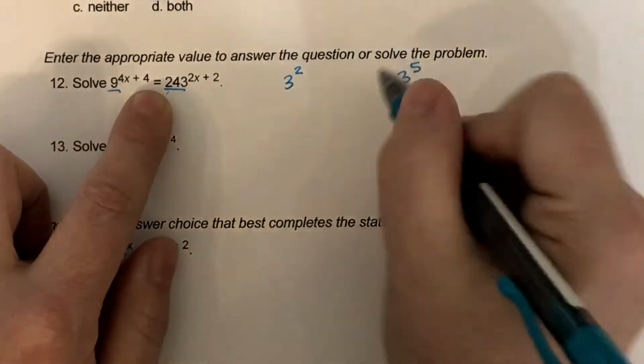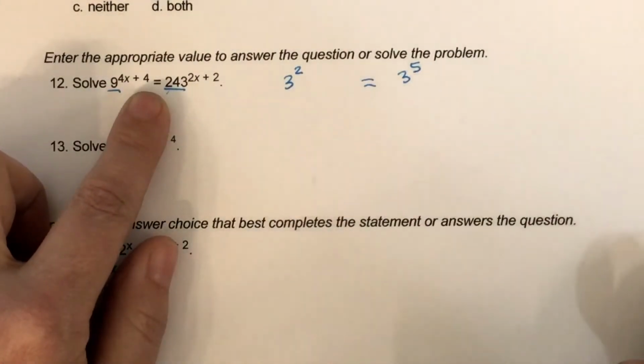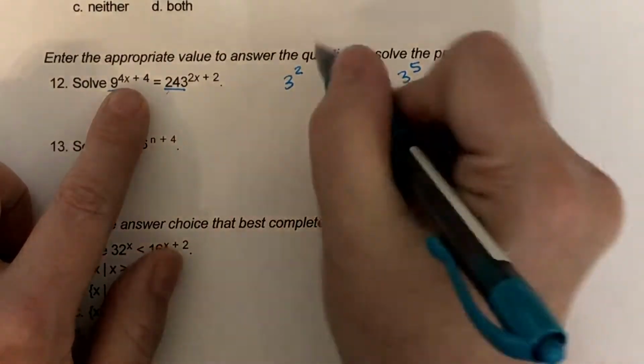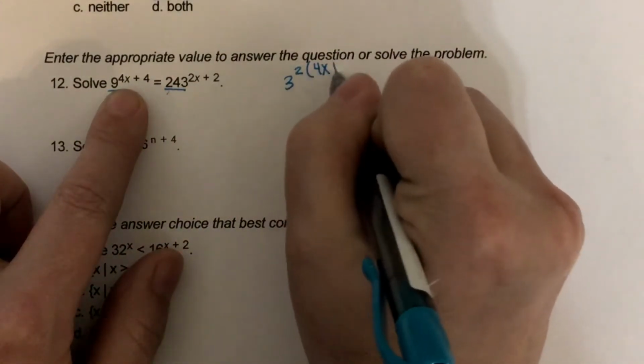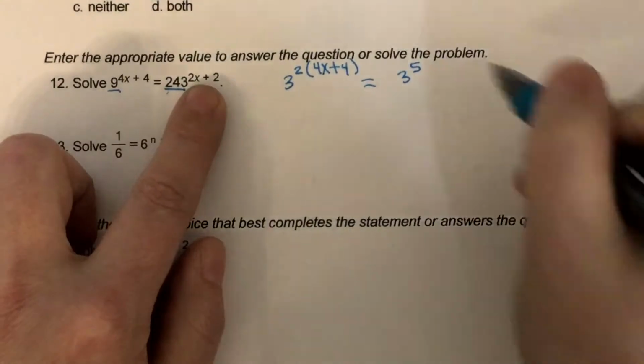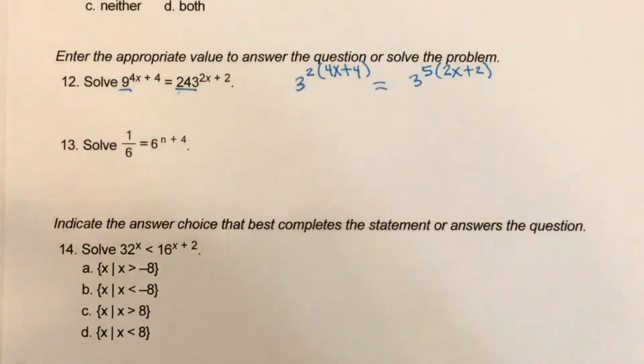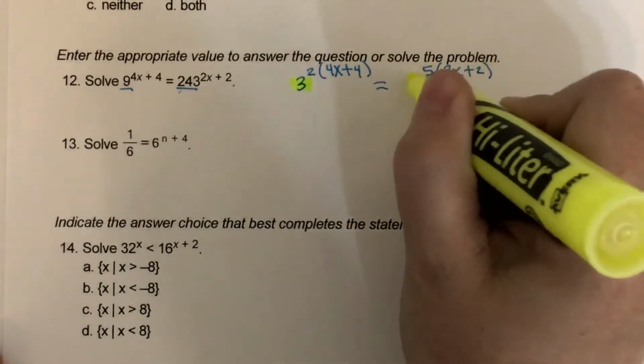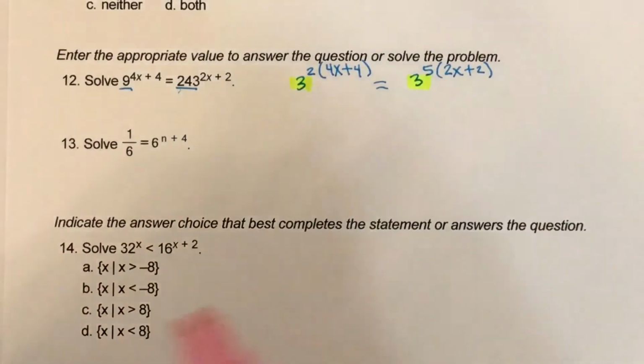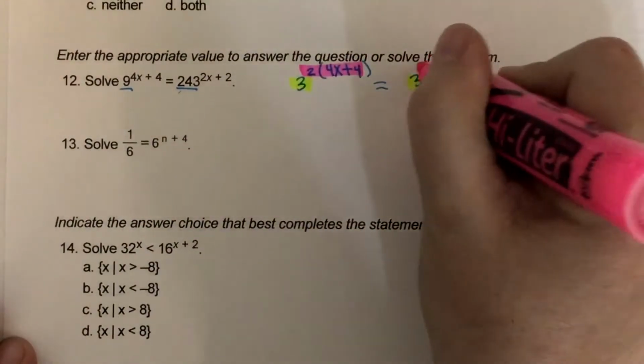Okay, so this guy is 3 squared, and this guy is 3 to the 5th. And I have an equal sign. Okay, so now I'm going to recopy the exponent. So in parentheses, 4x plus 4, and in parentheses, 2x plus 2. Okay, so I know if these two bases equal, then the two exponents equal.